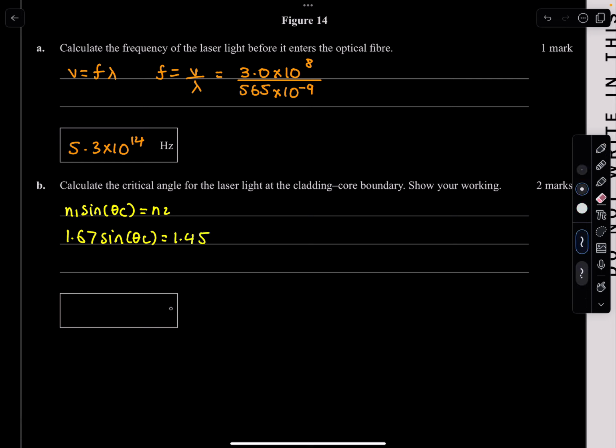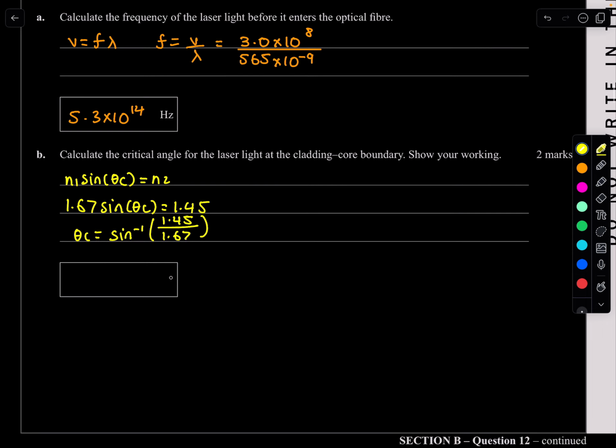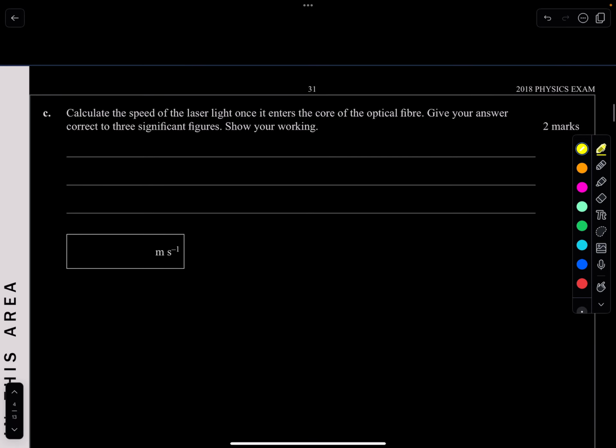Basically, your theta C is the sine inverse of 1.45 divided by 1.67. So that's going to be 60.3 degrees. Nice. Question C.